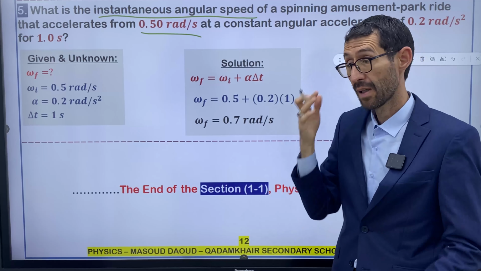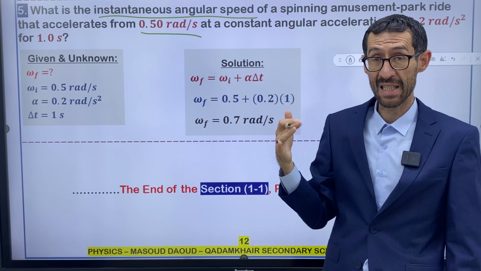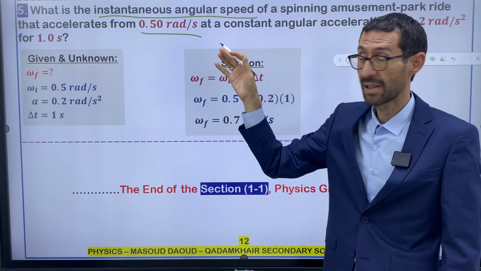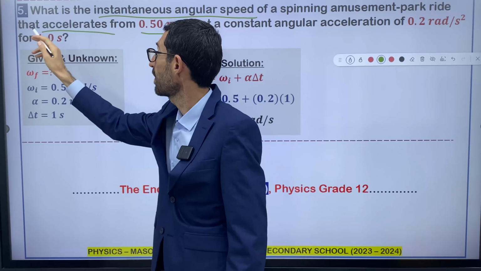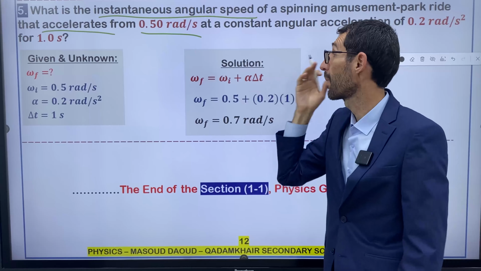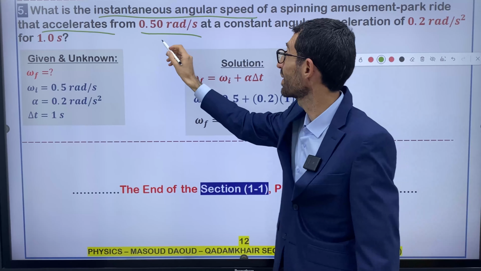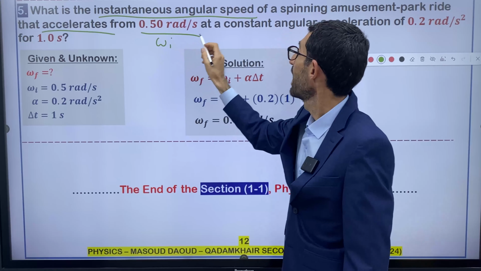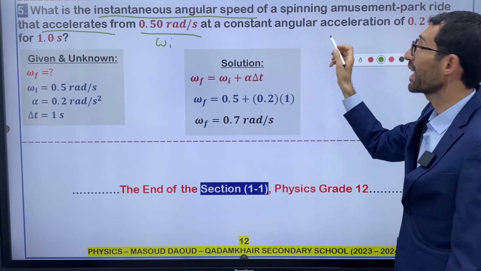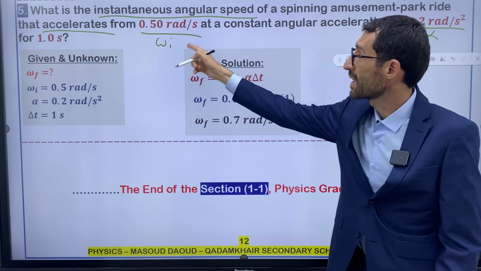I told you about this term 5 minutes ago. Accelerates means it speeds up. From this value, so omega I, at a constant angular acceleration of, constant angular acceleration is alpha. We have alpha. Omega I is given.